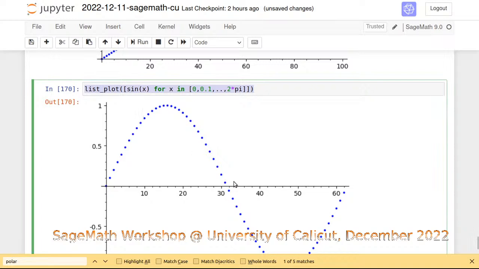See, the good thing with list plot is that suppose we have done some computation, some experiment, using which we have got some data. Most probably we do not know which type of function the curve corresponds to. So what you can do is try some list plotting, and from that you can try to understand what type of function it corresponds to.